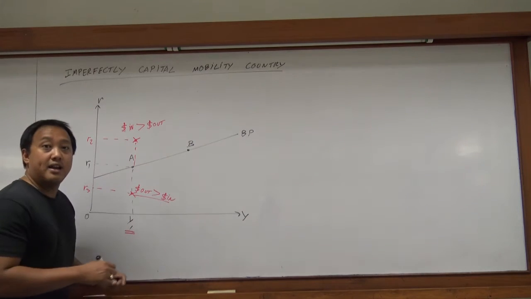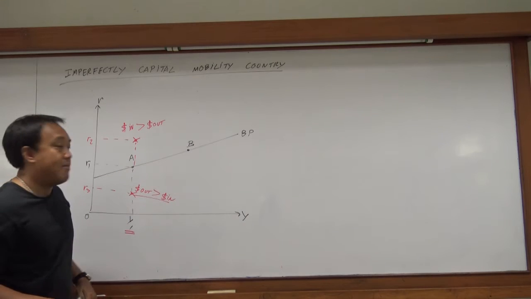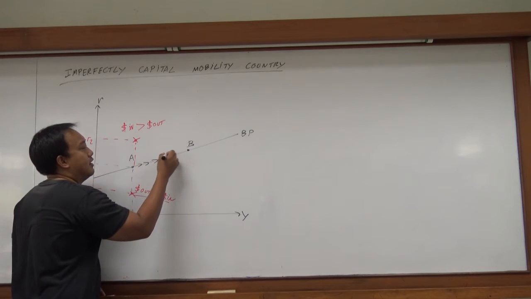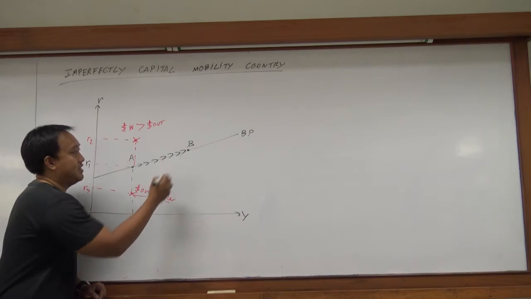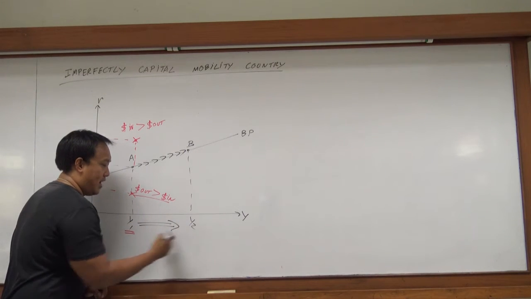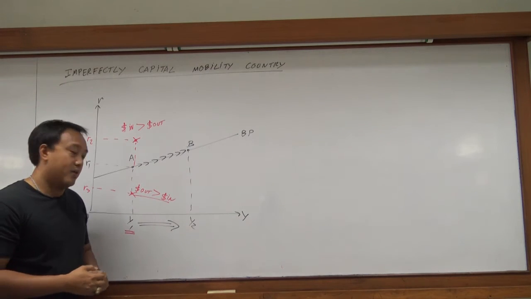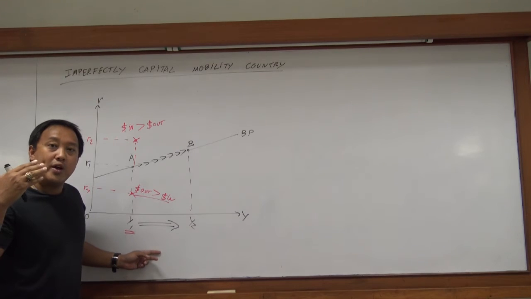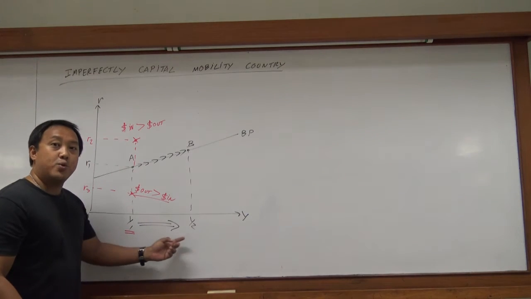So the positive slope of the BP curve comes from moving from point A to point B. What does it mean when GDP increases from Y1 to Y2? Your economy recovers and gets better.